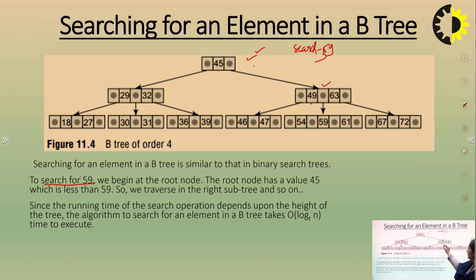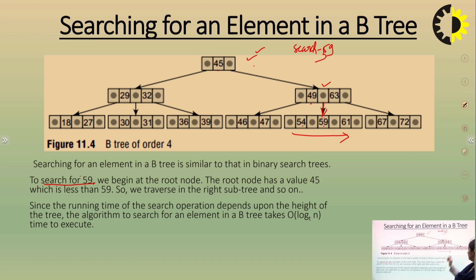49 is also less than 59. So then we will search or traverse on the right hand side. In the right hand side, we will see this 54, 59 and 61. Means we will traverse in this location.